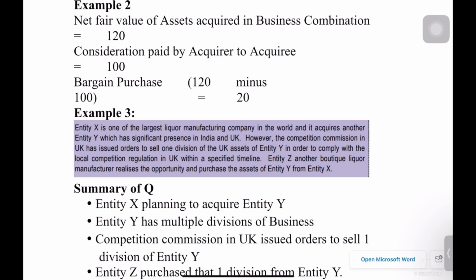In those situations we call it a bargain purchase. So in this example the net fair value of assets acquired is 120 and consideration paid is 100. So the fair value is more and consideration paid is less by 20. So the bargain purchase of 20 is a gain to the acquirer.